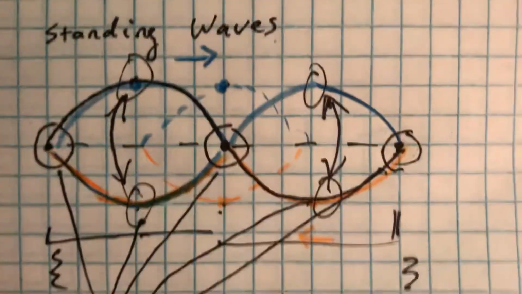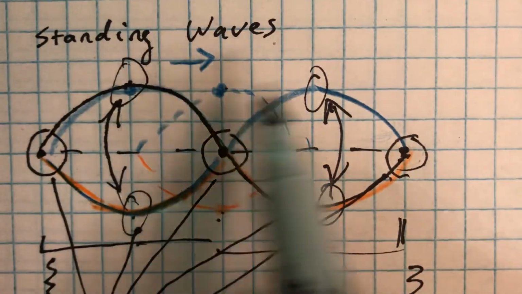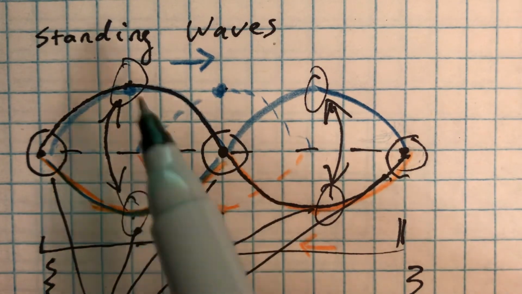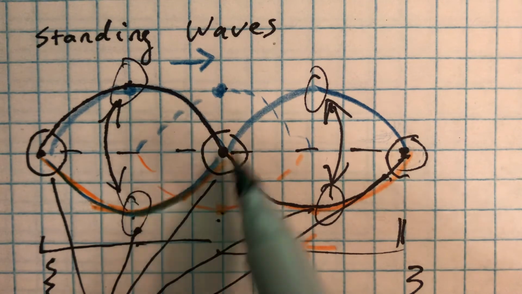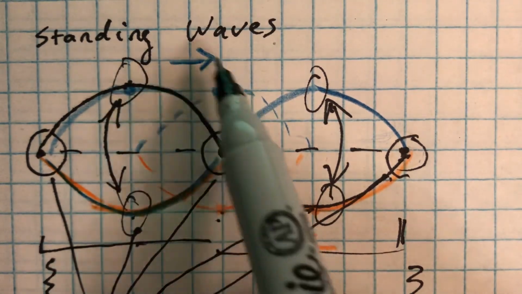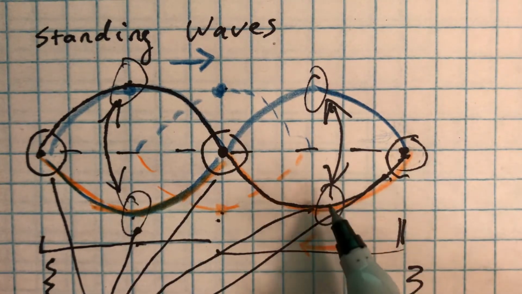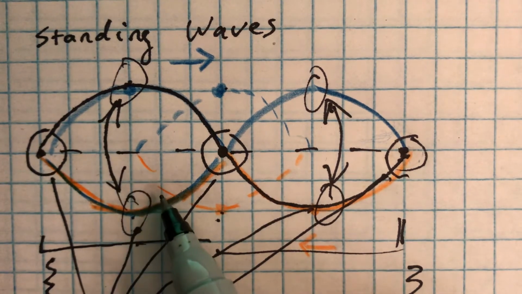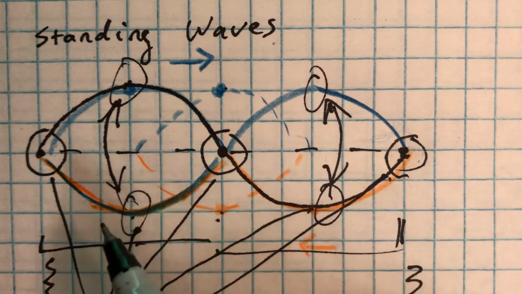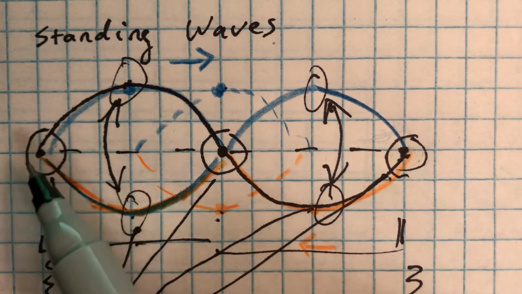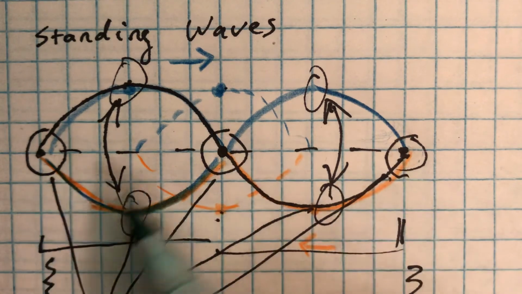Now you're going to get standing waves when incoming waves and reflected waves undergo interference in such a way that you get points where there's no movement. Even though this crest is always traveling rightward, and this trough is always traveling leftward, if the conditions are just right in terms of wavelength, for any given medium, a standing wave can be produced.